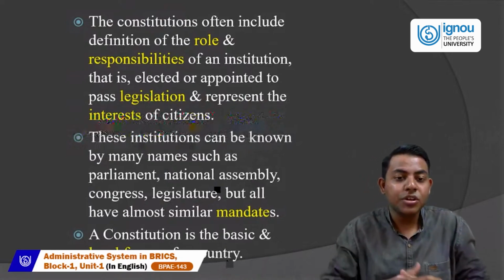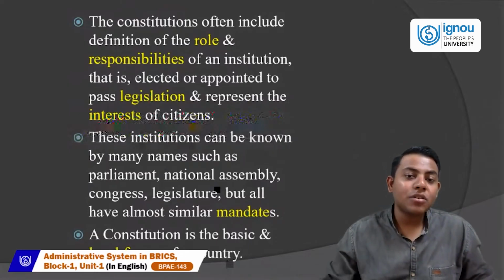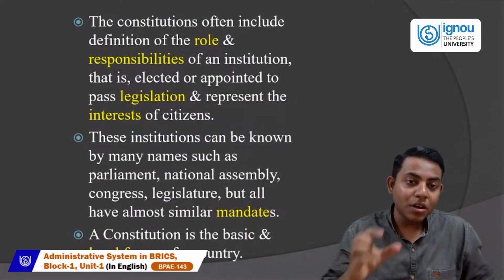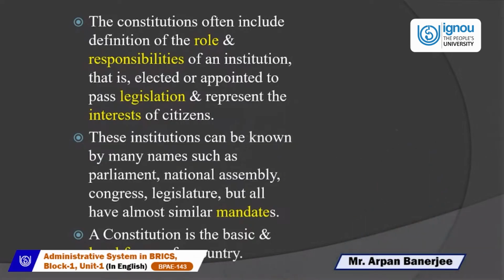In our case, these are the parliament and the state legislatures, which are elected or appointed to pass legislation and also to represent the interests of the citizens. These institutions, the parliament and the legislative assemblies, can be known by many names, such as the parliament, the National Assembly, the Congress.